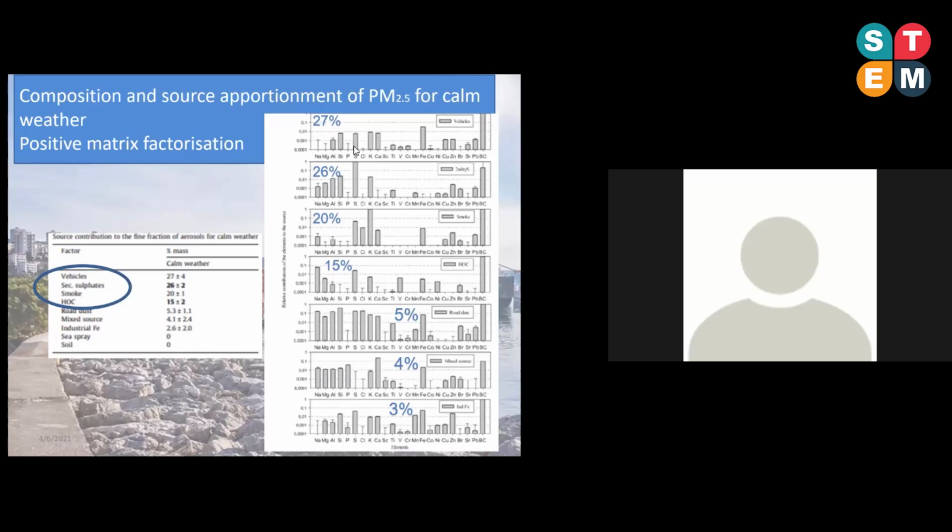In this factor, the average vanadium and nickel ratio is 1.5, which is typical for diesel engine combustion, such as tractors, trucks, and other transport vehicles used for import transport. This factor represents 27% of the total fine particulate mass in calm weather.